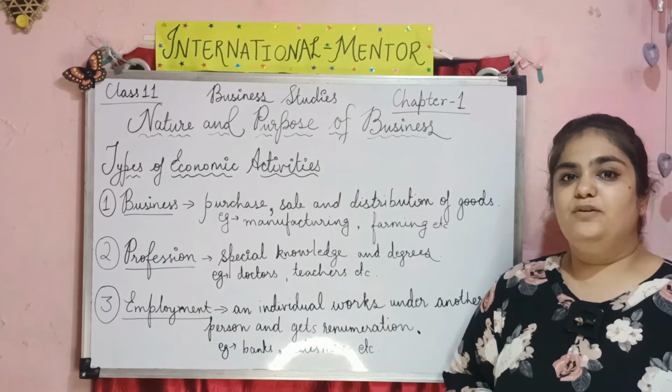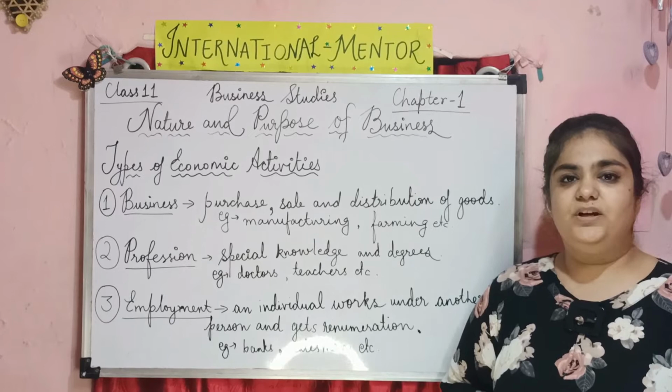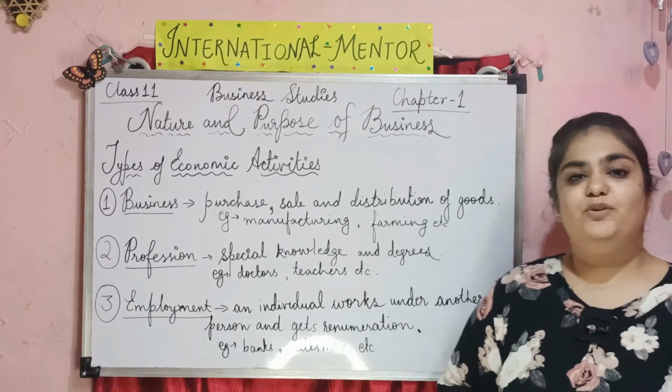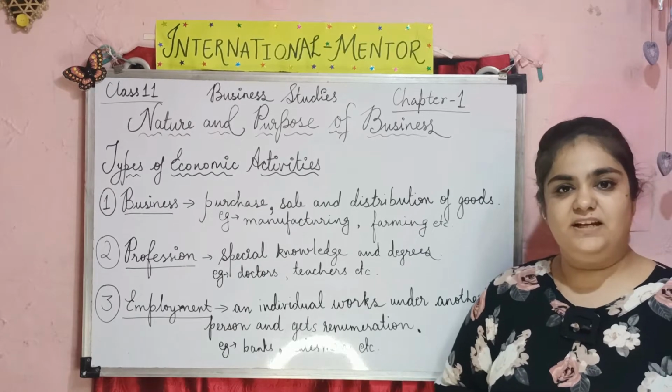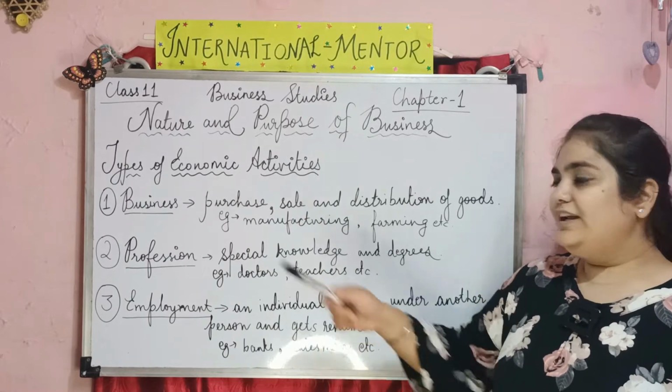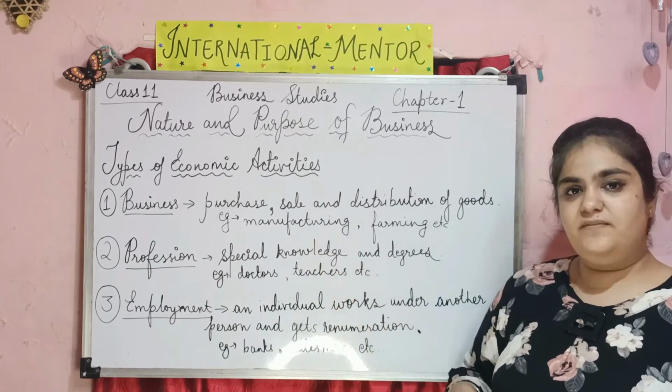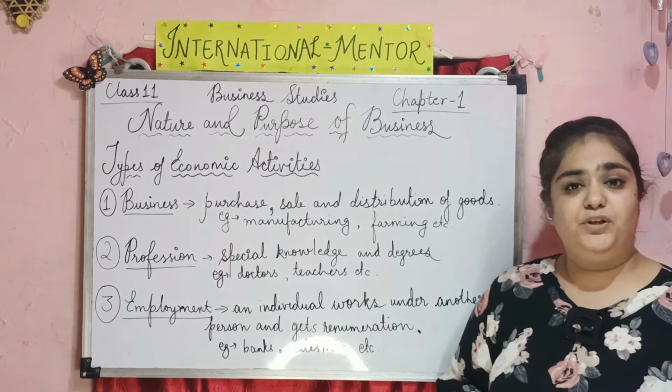In business, we purchase raw materials to convert them to finished goods and then sell the product for customer satisfaction. For example, business can be done in the form of manufacturing goods and services, farming, agriculture, etc.